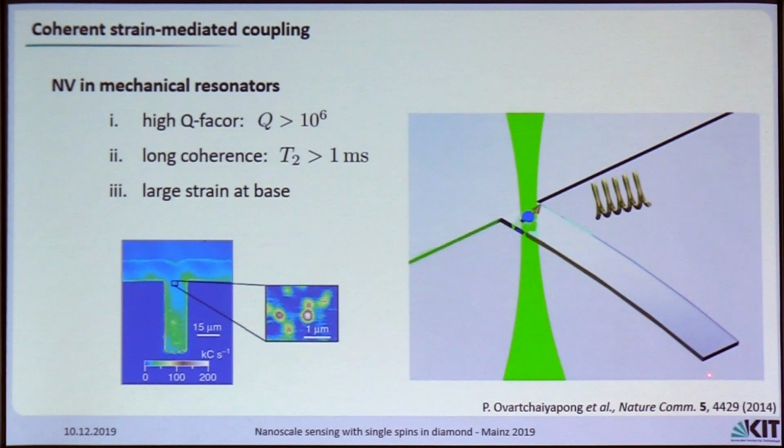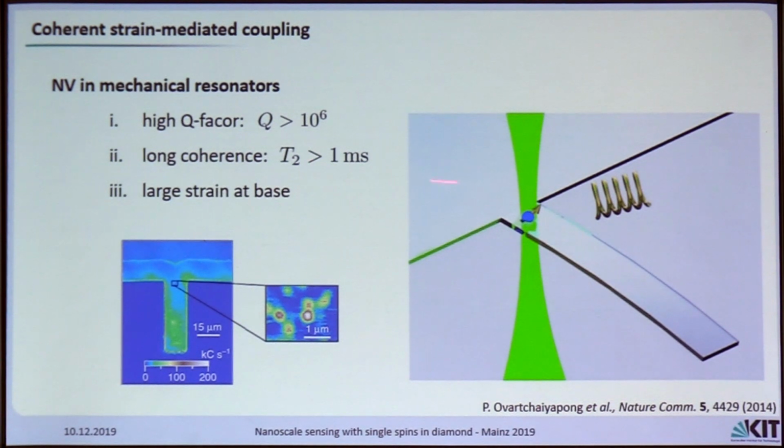So here, these cantilevers with extremely thin diamond are very good candidates for mechanical resonators and for sensing also, because they have a very high Q factor, so the damping is very low. If it's made out of pure diamond, the coherence time is very long, so it can exceed 1 millisecond, especially at low temperatures, but even at room temperature it can be very high.